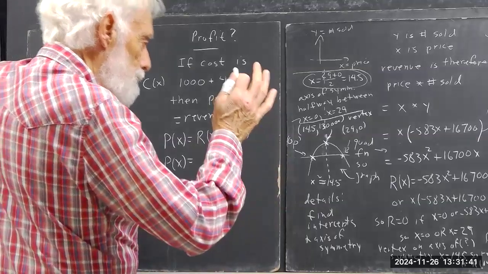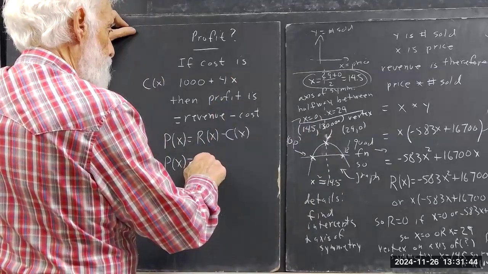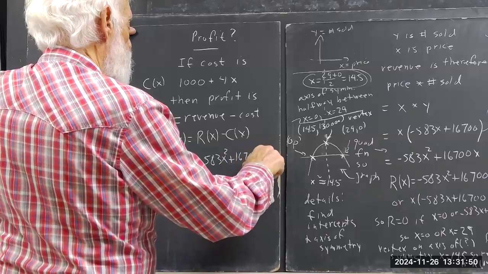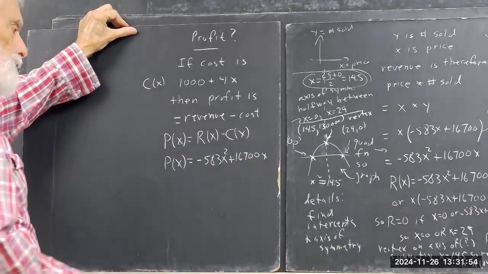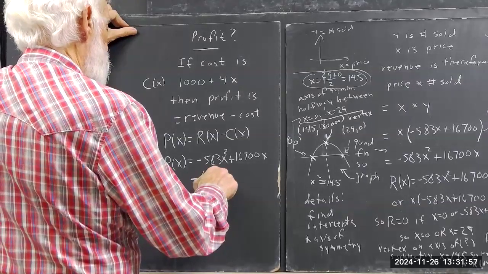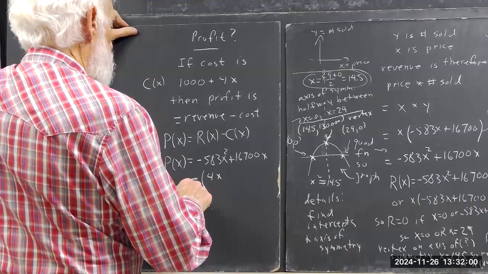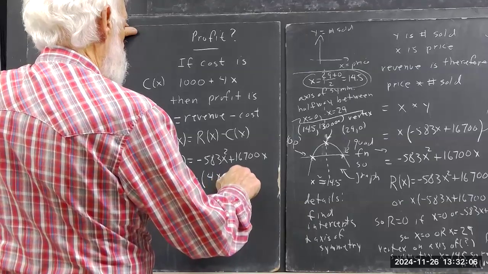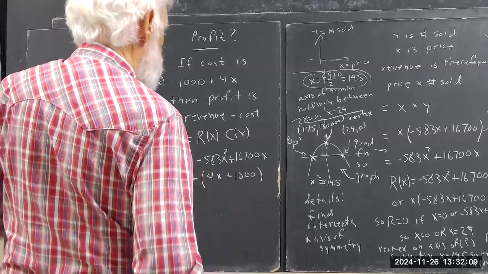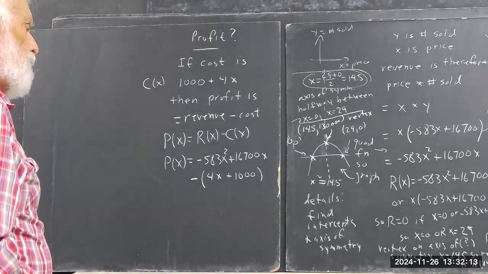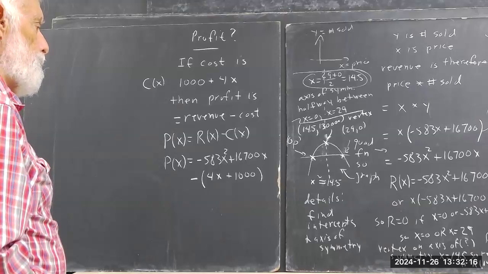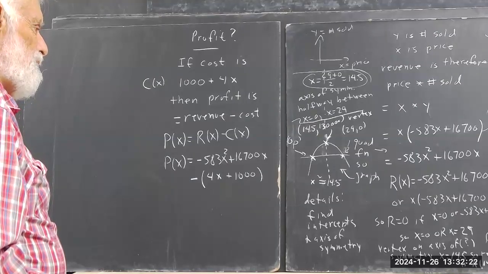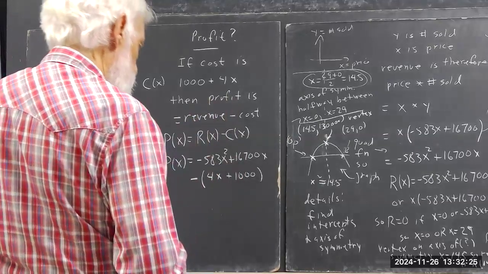P of x is our revenue function, which is negative 583x² plus 16,700x, minus the quantity 4x plus 100,000. That 4 is so small compared to the 16,000.